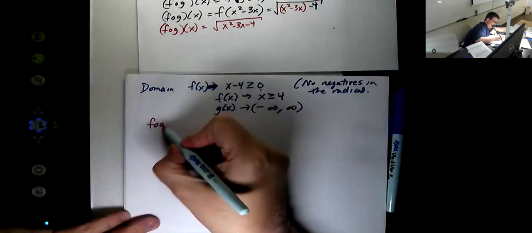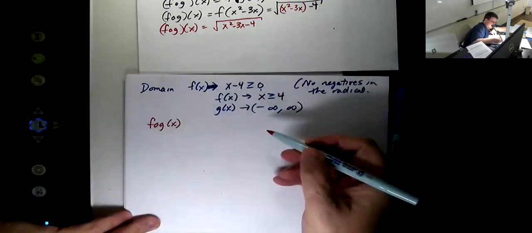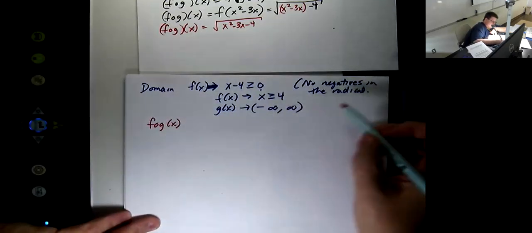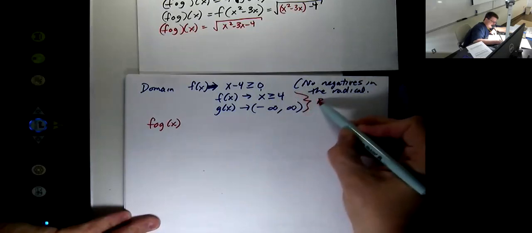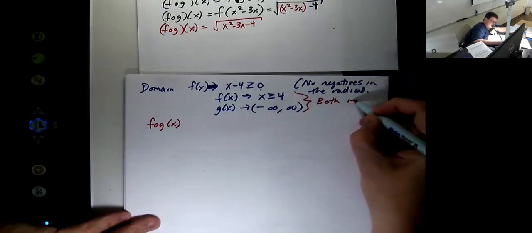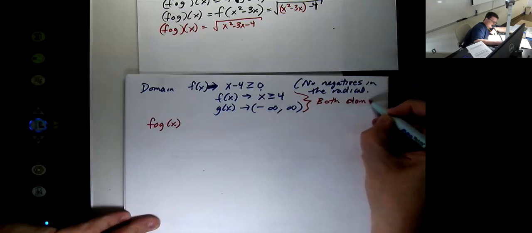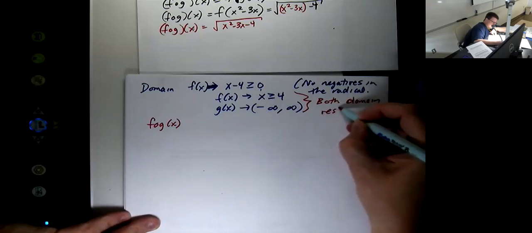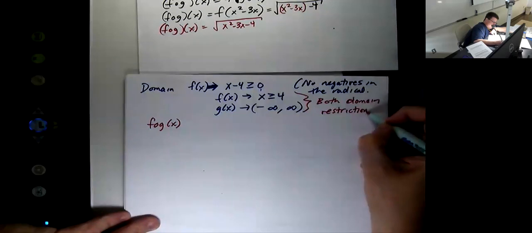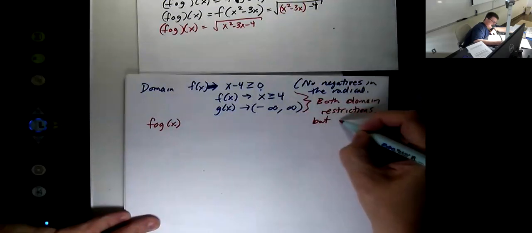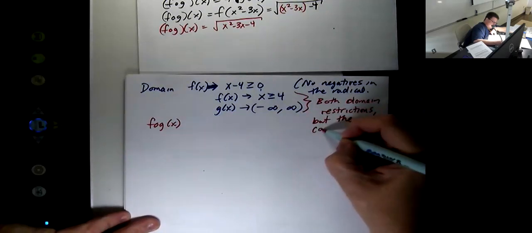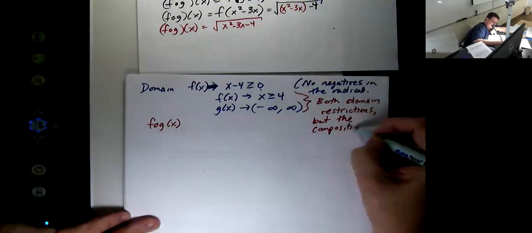When we do the composite, the f of g of x, both restrictions hold as is. Both domain restrictions hold. But the composition may introduce more.